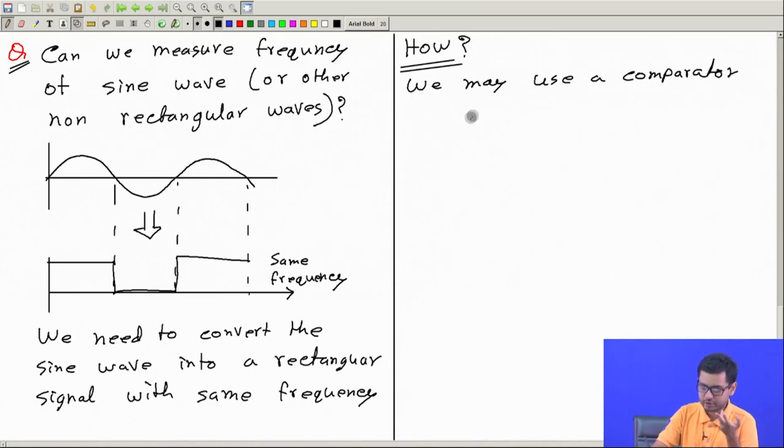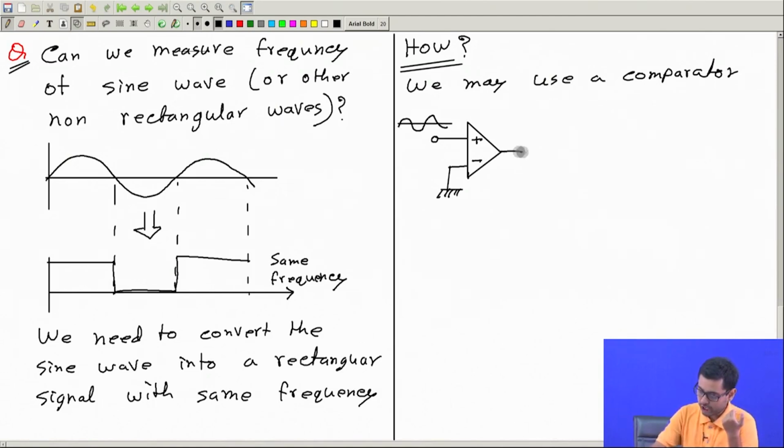This can be an op amp like this, and it has two inputs. So what we can do? We can connect one input, say, to the ground. So this is the inverting input, and this is the non-inverting input, and here we apply this sine wave.